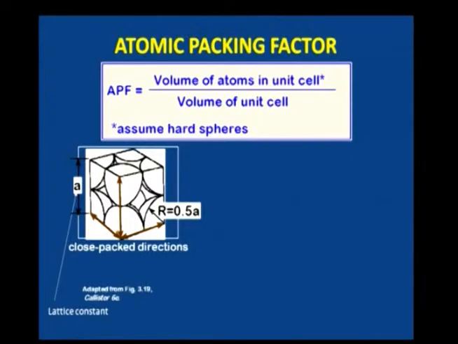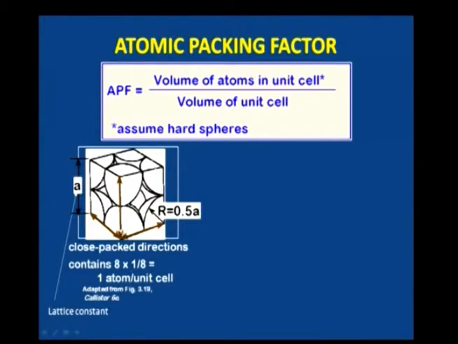So, when I am talking about the APF, which I define as the volume of the atoms in the unit cell divided by the volume of the cell, the star shows that we assume the atoms to be hard spheres. That is the reason why I make A equal to 2R, or R equal to A by 2, or 0.5 times A. What do you understand by this?